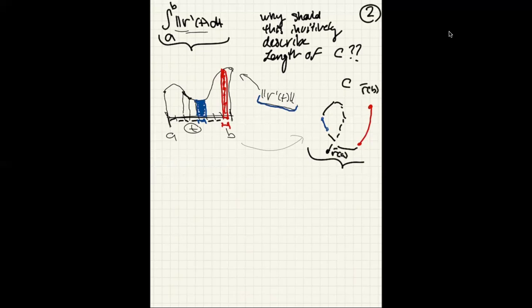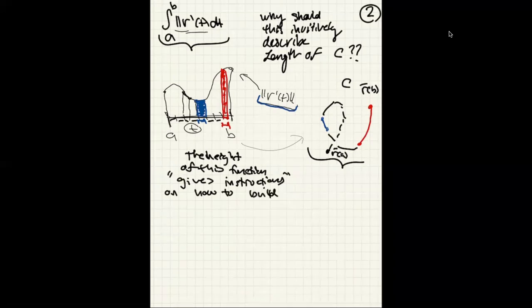So the height of this function gives instructions on how to build the curve lengths at each t value.